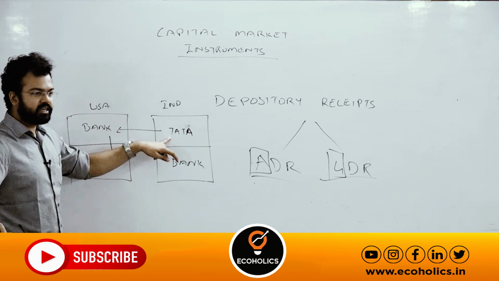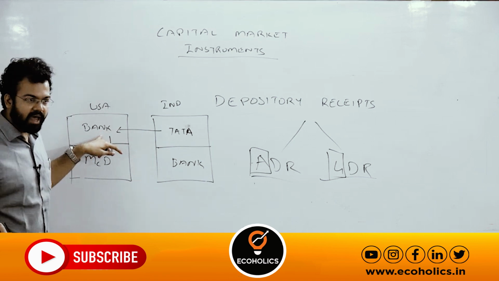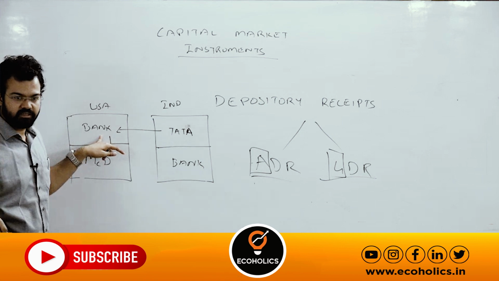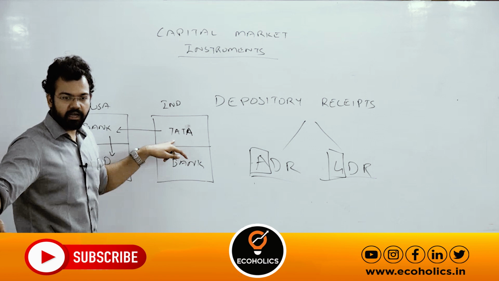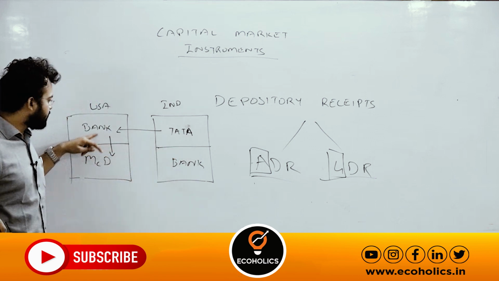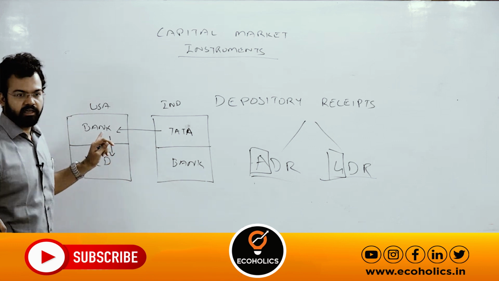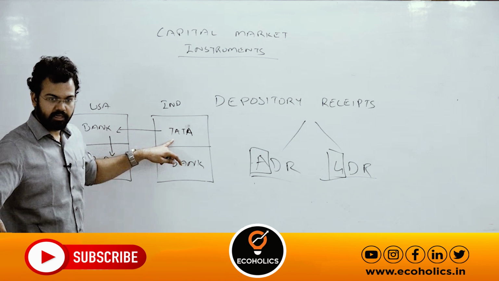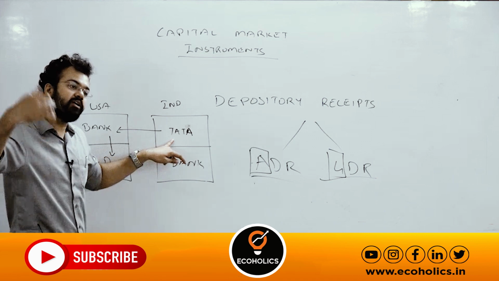Tata will contact this bank and say that I want to sell my shares in the American market. So this bank will give ADR, American Depository Receipts, that whatever the amount of shares I am able to sell in the American market, I'll give you the equivalent amount of money, but only after selling off all the shares.